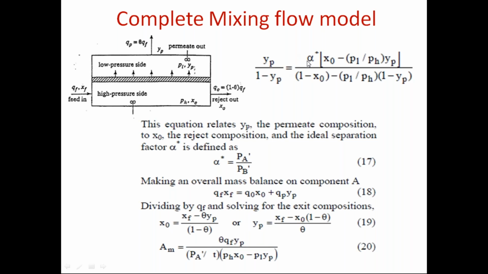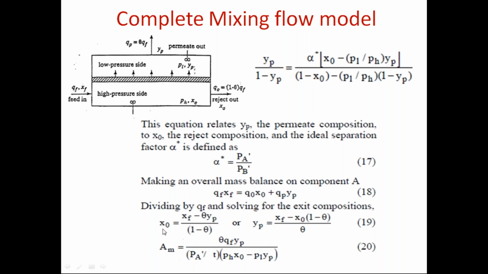For example, here you have a relation between YP and X0, and here also you can see YP and X0. Both are from the material balance equation only. So with two equations, by knowing the remaining quantities, you can calculate your YP and X0.